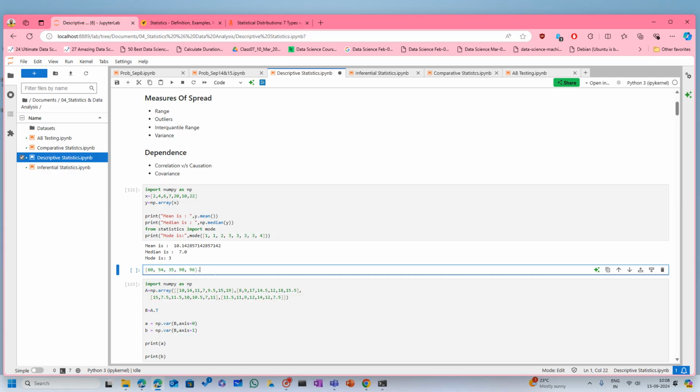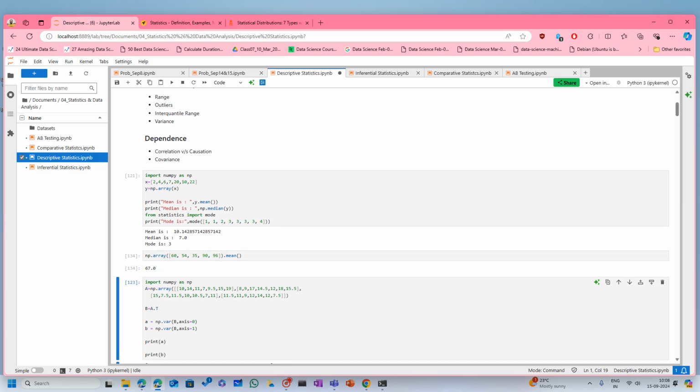If I apply dot mean, but I have to convert this to np dot array. So if I calculate the average, average is 67.